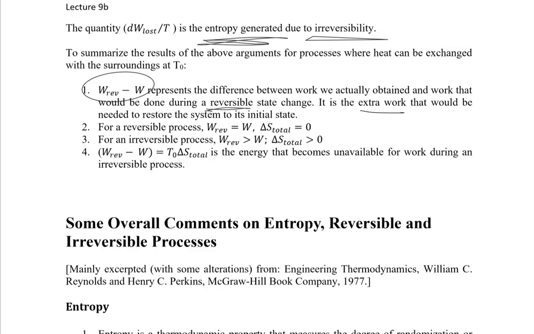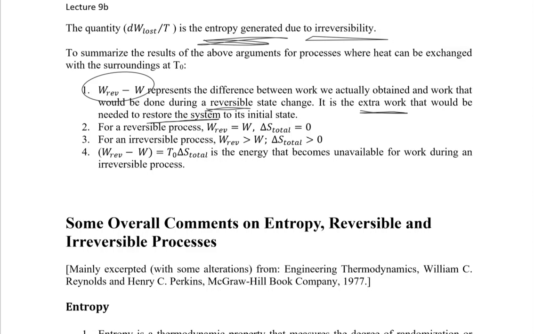It is the extra work that would be needed to restore the system to its initial state. If you want to restore the initial state, we have to supply this lost work to the system, and then it will be restored to the initial state.